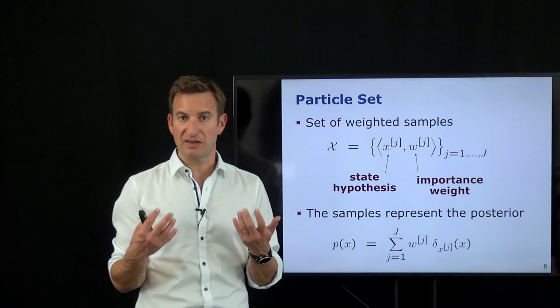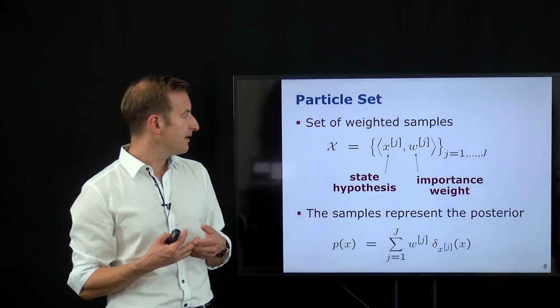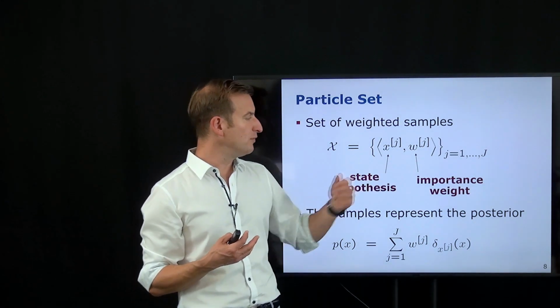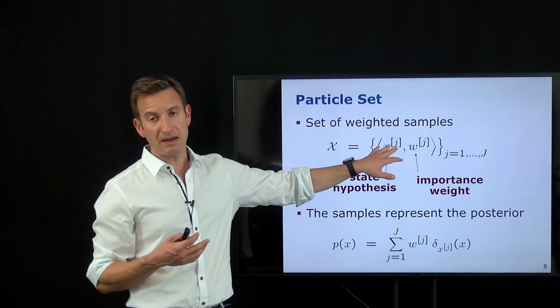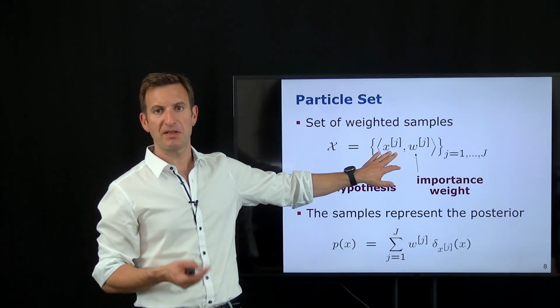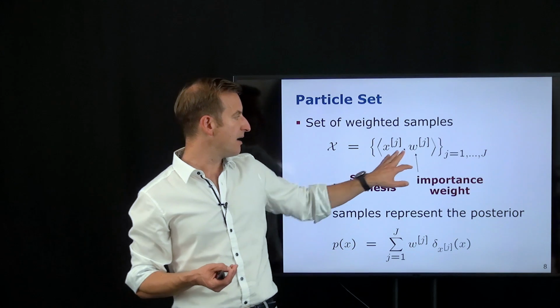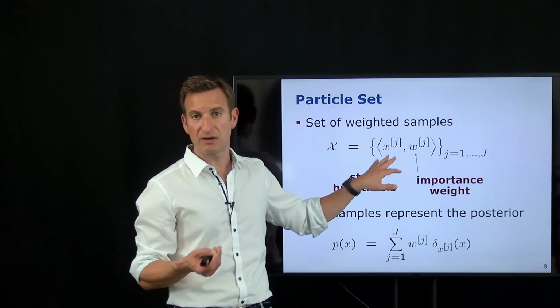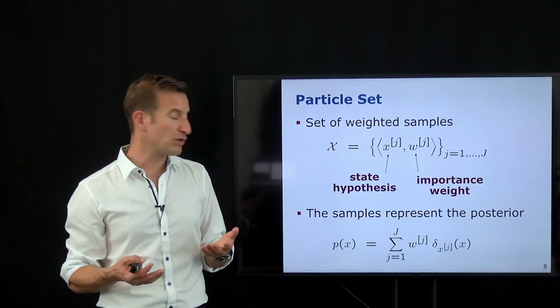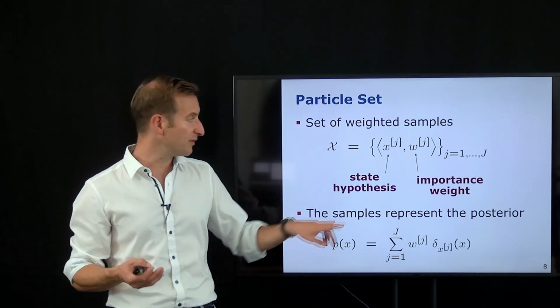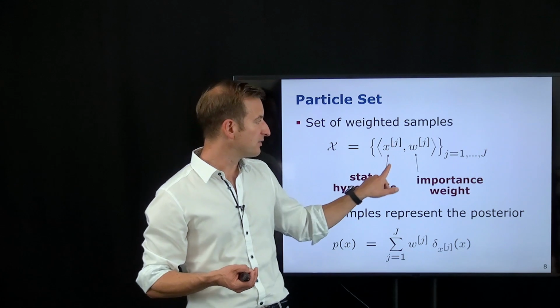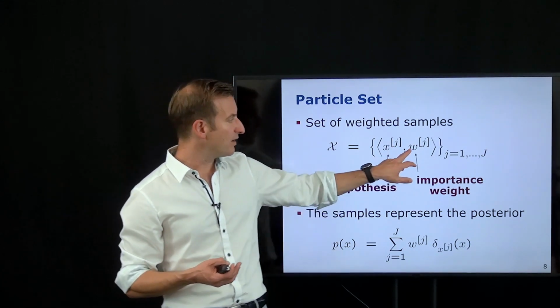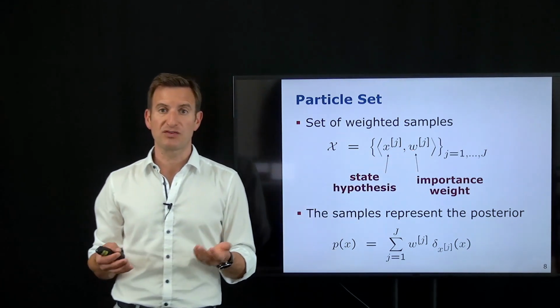We use a set of weighted samples as our particle set, and every sample has two variables. First is the state hypothesis, so where does this sample think it is located? This can be a vector, one-dimensional in the example before, or if we are in the two-dimensional world, we may represent x, y, and the orientation, so this would be a three-dimensional vector. The second variable, the weight, is just a real number.